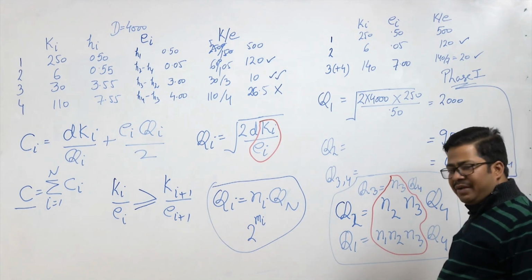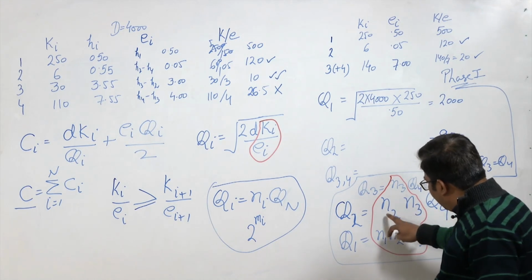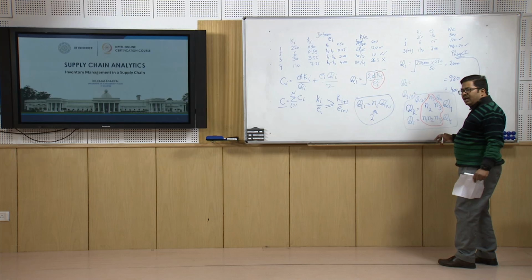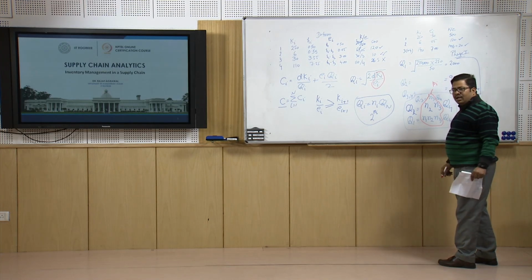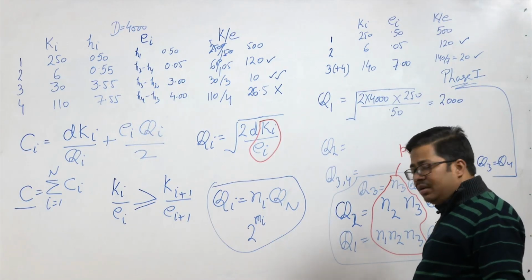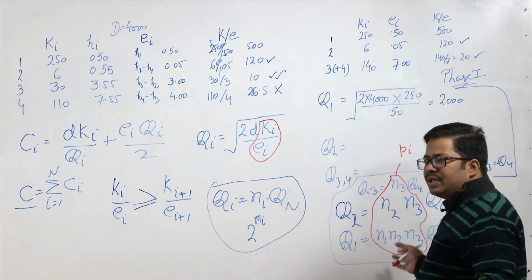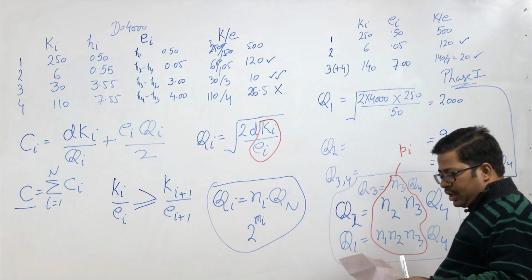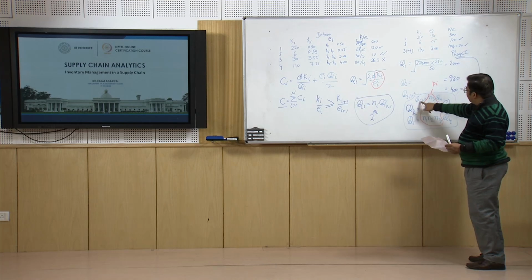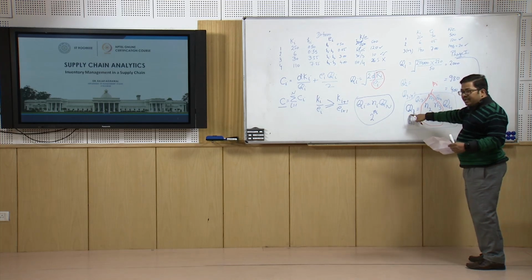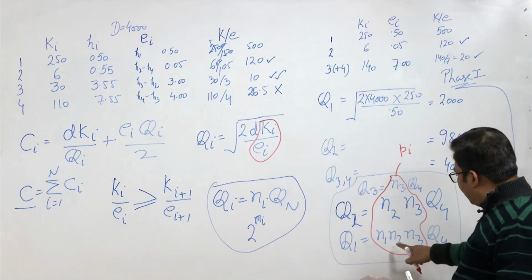Instead of writing N1, N2, N3, I can simply write one factor Pi, and Pi is nothing but the multiplier of these things as per the stage. If I am talking of stage 3, it will include only N3. If I am talking of stage 2, it will include N2 into N3. If I am talking of stage 1, it will be N1, N2, N3.